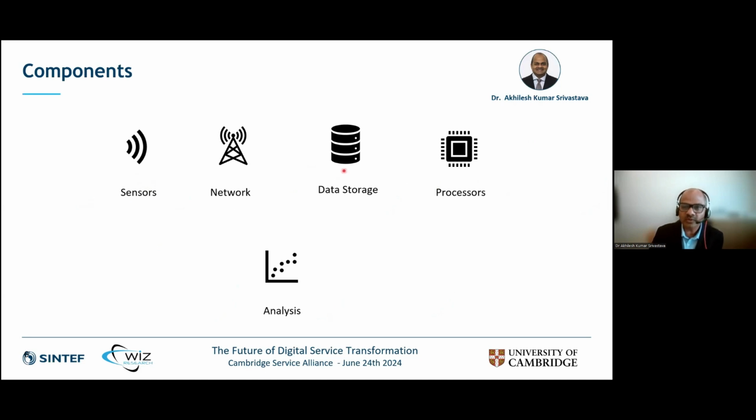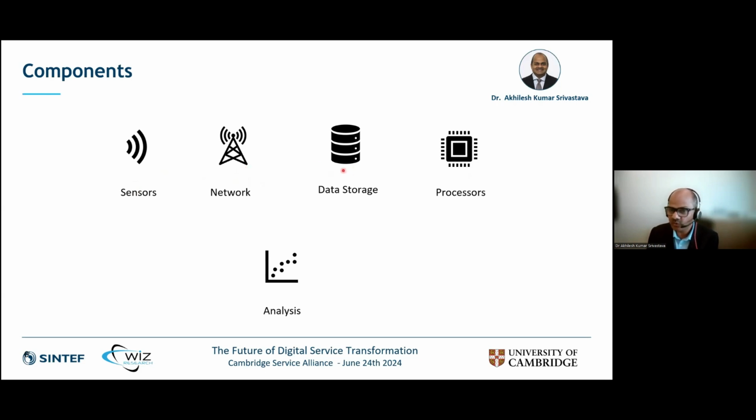So what we have seen in the last few decades is that the development in all these areas has been really tremendous. Now IoT sensors are quite reliable, and the costs are going down. When it comes to networks, the data transmission, now we have started to talk about Gbps speed.